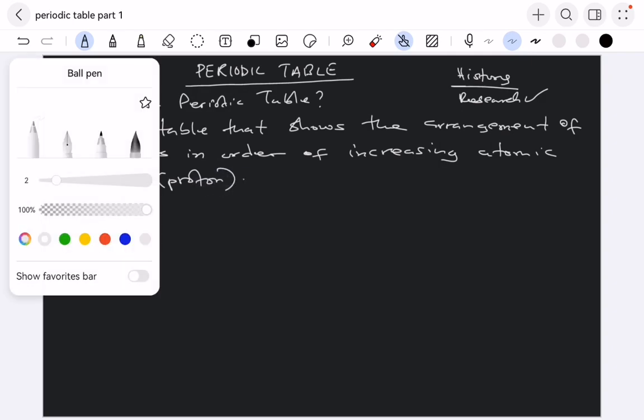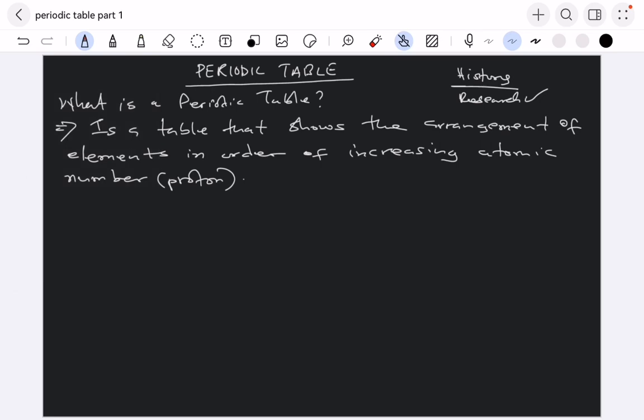So I'm going to highlight the key words here. So it shows the arrangement of elements in order of increasing atomic number.